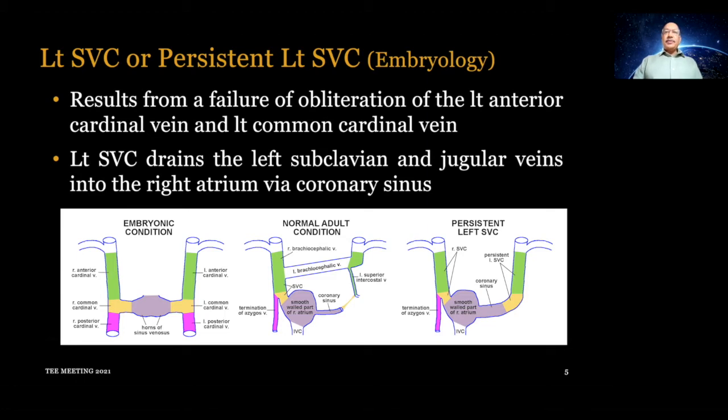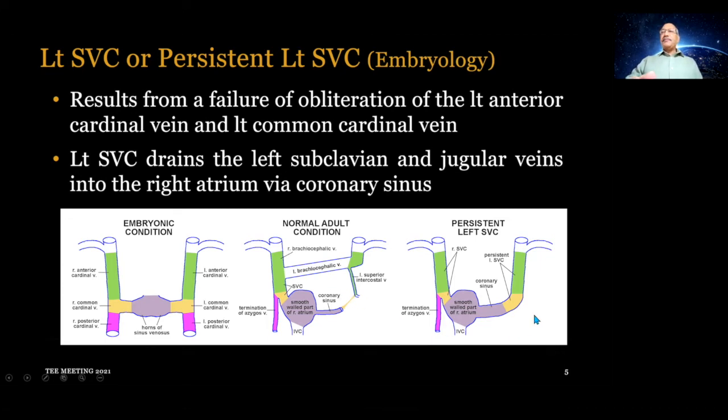During development, the left anterior cardinal vein and left common cardinal vein obliterate, and the confluence of left internal jugular and left subclavian vein joins the left brachiocephalic vein, which joins the confluence of left and right internal jugular and subclavian vein and forms the SVC. So this is the final circulation in adulthood.